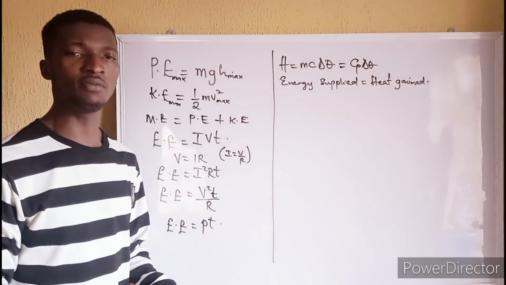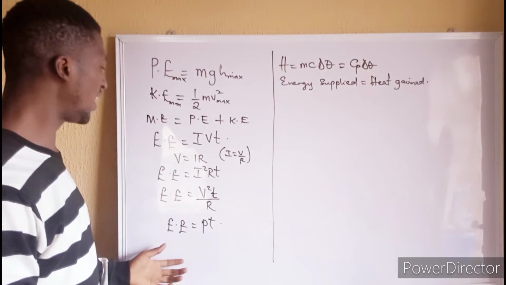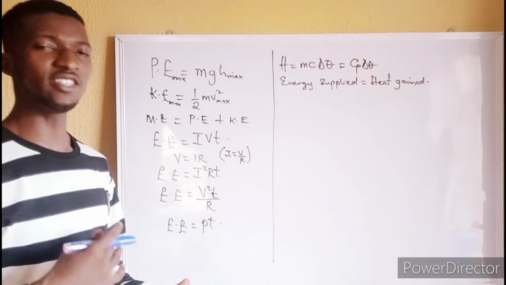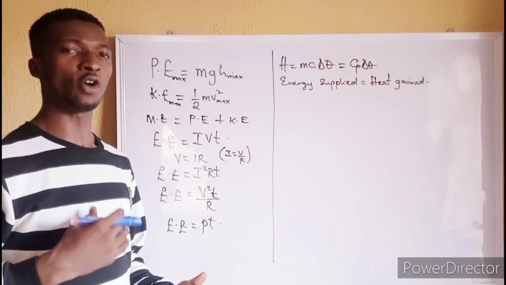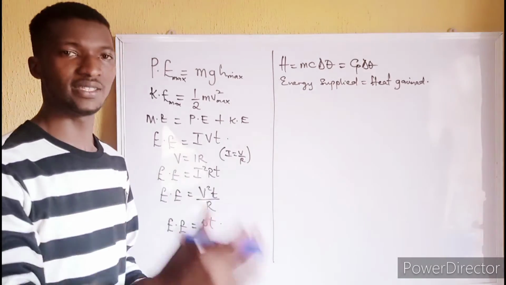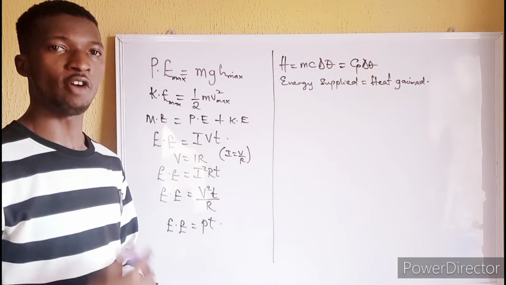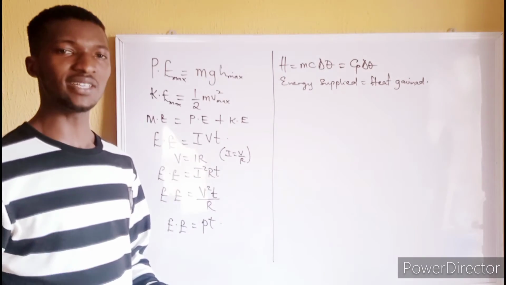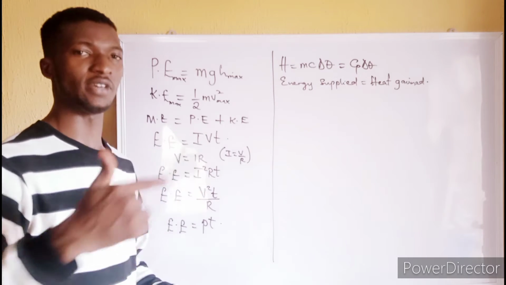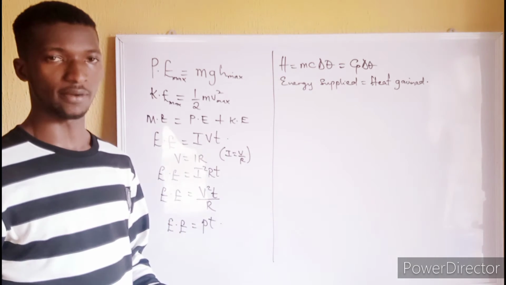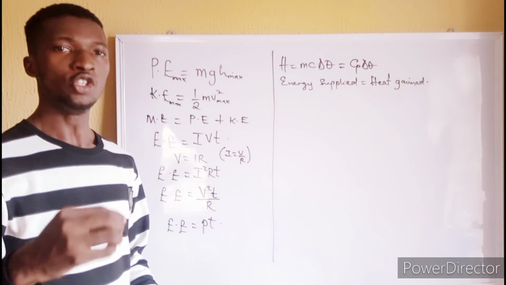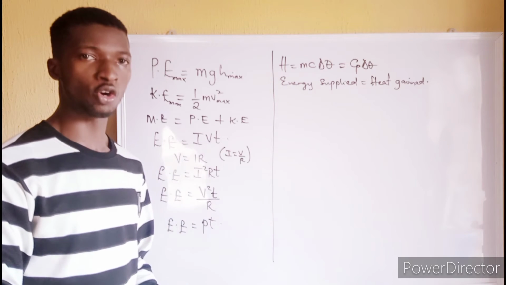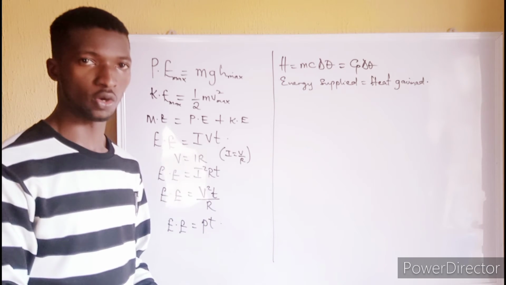However, especially when considering electrical energy, the electrical energy can be supplied to two different bodies at a time. For instance, when water is in a container and electrical energy is supplied in form of heat to the water and the container, you have to determine whether the container is a good conductor or a poor conductor.